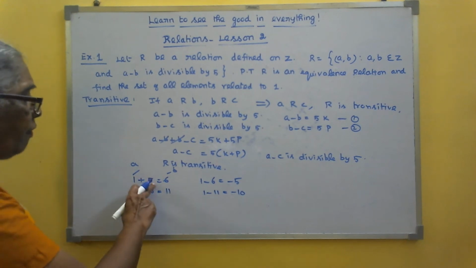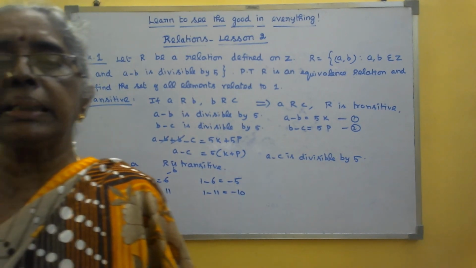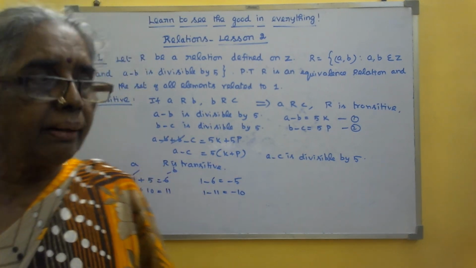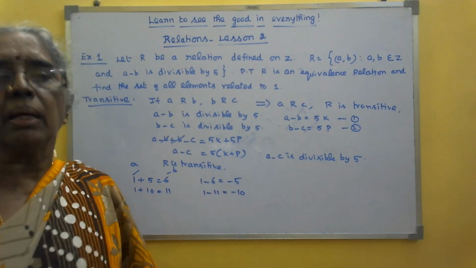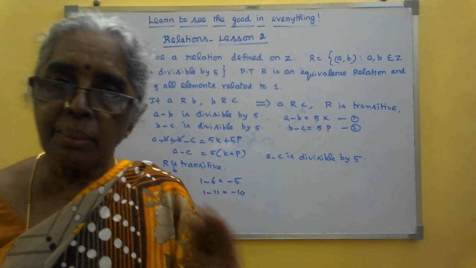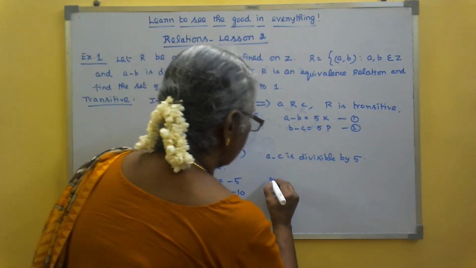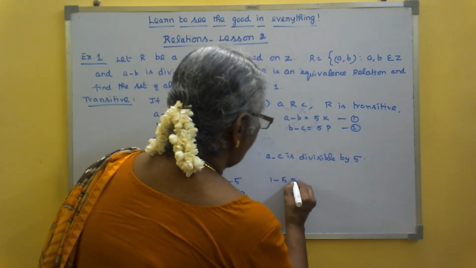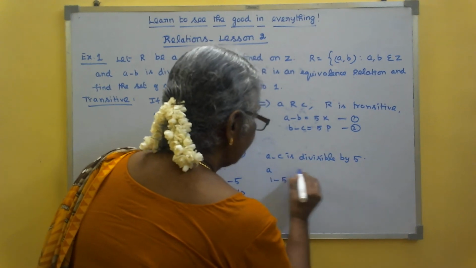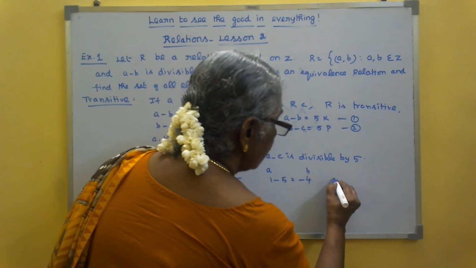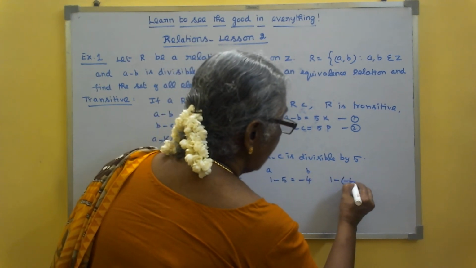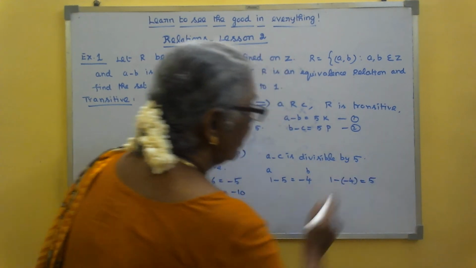So I can add 5 or I can add multiples of 5, so that the resulting A minus B will be divisible by 5. Similarly, I can subtract also, isn't it? So now what I can do is 1 minus 5, that is minus 4. This is A and this is B. So A minus B is 1 minus of minus 4, which is 5.